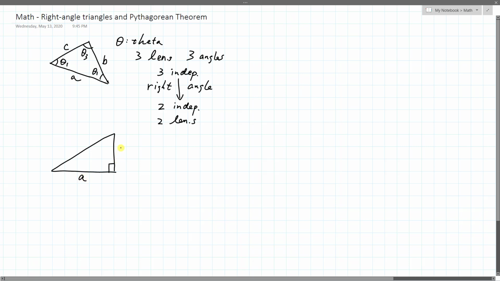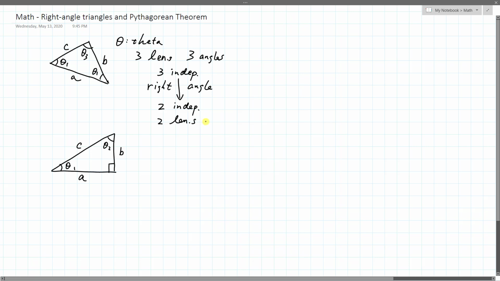So we have A, B, and here we have an angle theta 1 and an angle theta 2, and this is our C. I want to claim that with two lengths known, AB or AC or BC, I can find the other lengths and also the other angles.